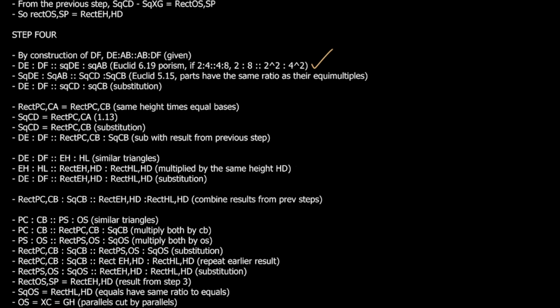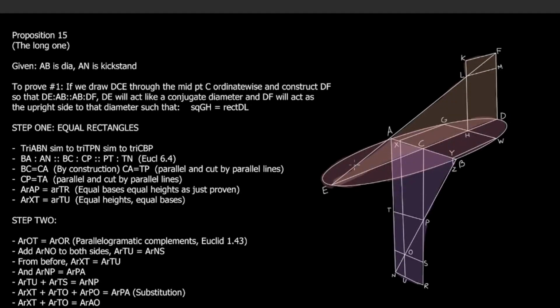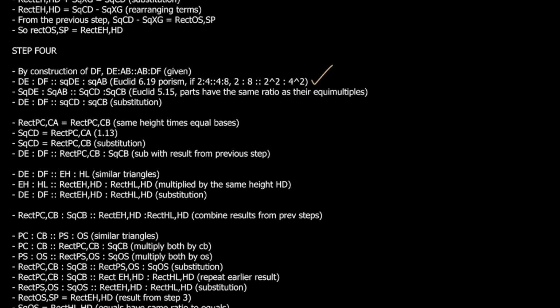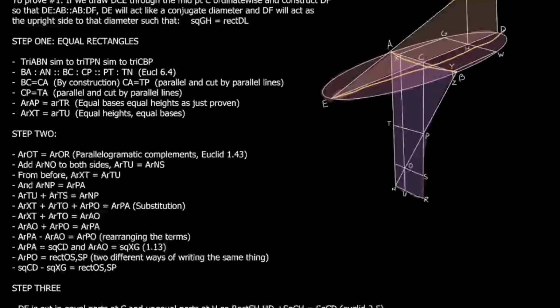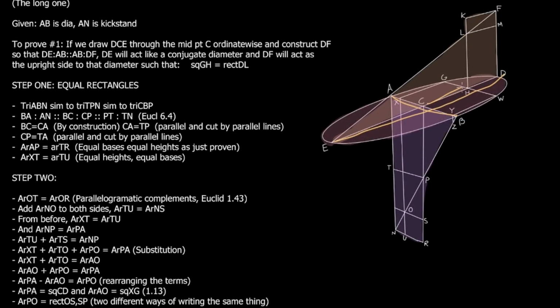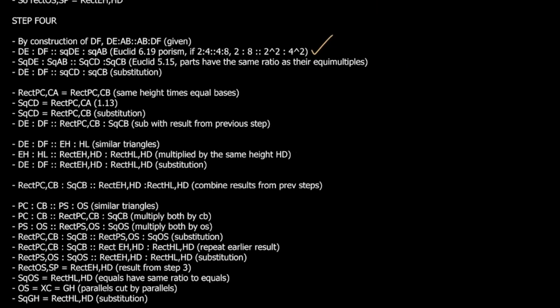So we've got DE, AB, we guess it's going to be DC, CB. Yep. DC, CB. So if you have one thing is to another thing, then you have half of that thing is to half of the other thing. I think that's pretty intuitive, so I'm not going to explain it further than that.